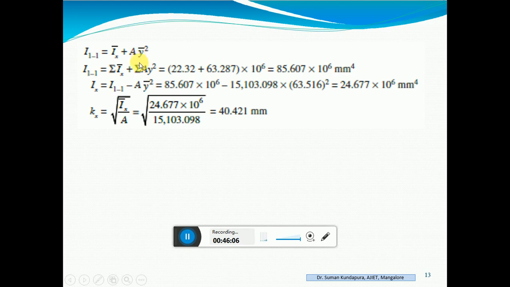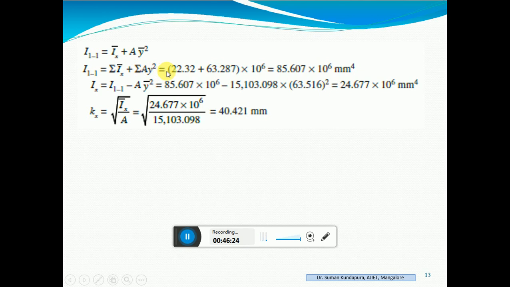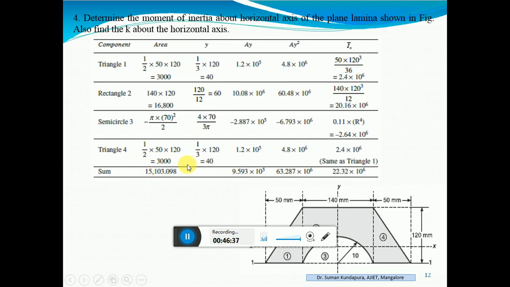You need that y bar to be substituted over here when you calculate the Ix bar. First, from the parallel axis theorem find out I11 is summation of Ix bar plus summation of ay squared. You'll get it as 85.607 into 10 raised to 6 millimeter to the power 4. Then subtract from that total area into y bar square.